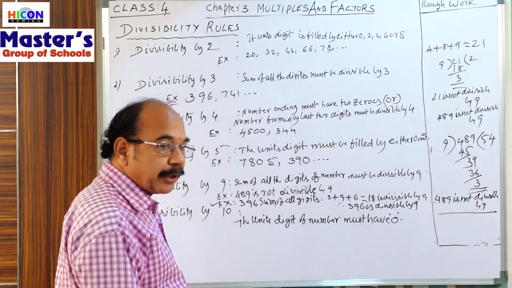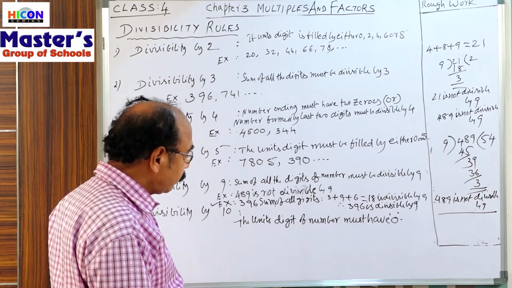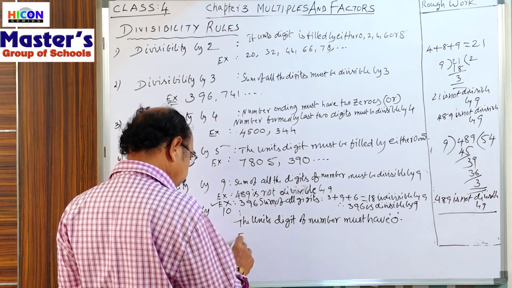Then only it is divisible by 10, otherwise not divisible. Example, you see here.